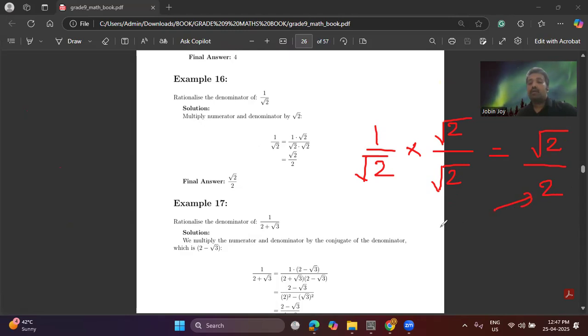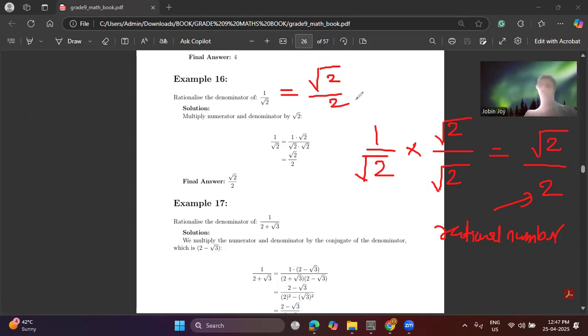Now this is a rational number. So 1 by root 2 is equal to root 2 by 2. I converted the denominator, which was irrational, into a rational number. This is what is called rationalization.